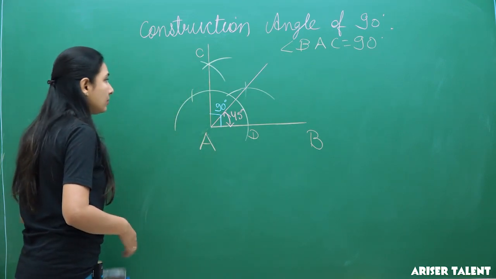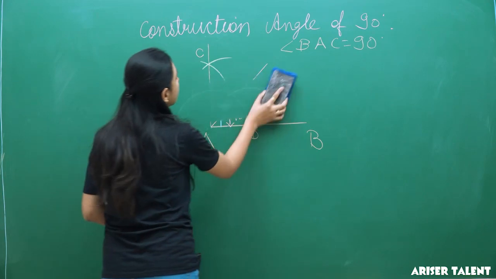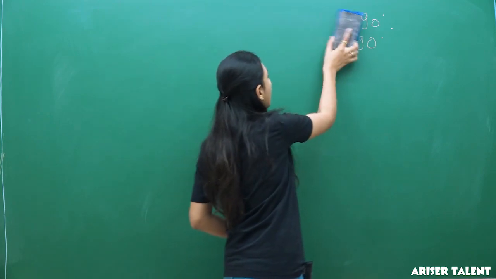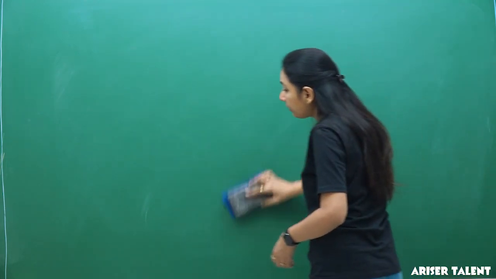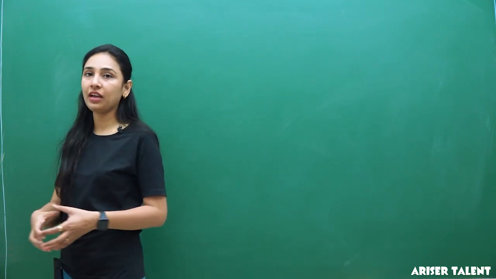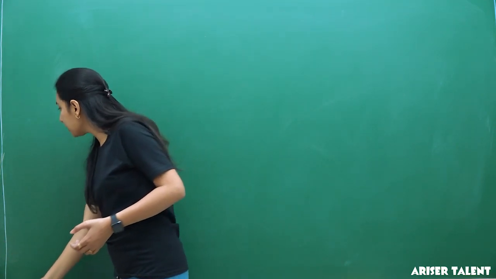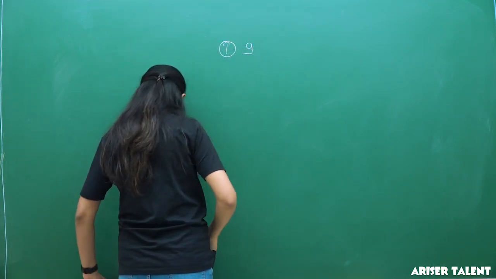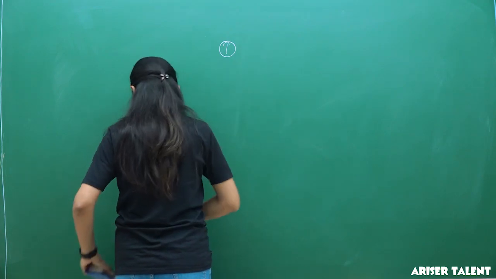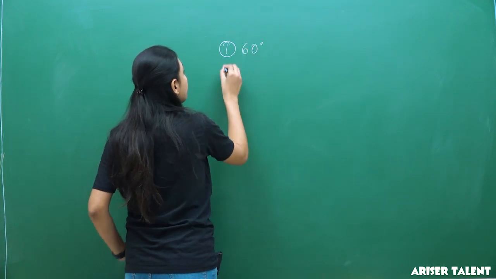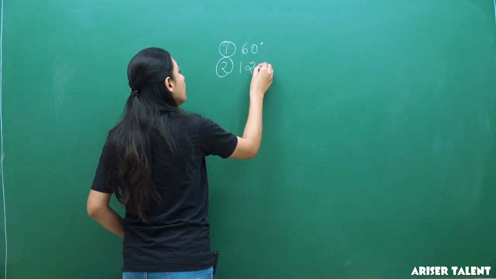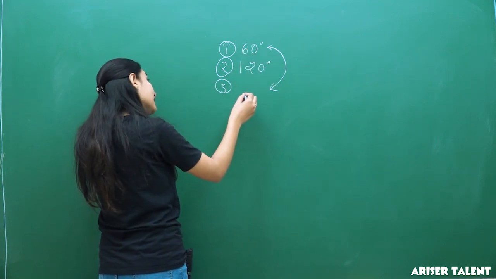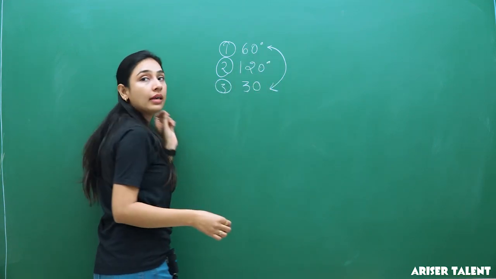All right, understood? Okay. So this is construction of angle of 90 degree. Now you know about the 30 degree also. Okay, 30 degree we have talked about, 90 degree. So we have basically done with these angles. First, we'll start with the 60 degree. The very first we have understood. Second, we have made angle of 120 degree. Then we halve this angle, and after bisecting this angle we get 30 degree angle.